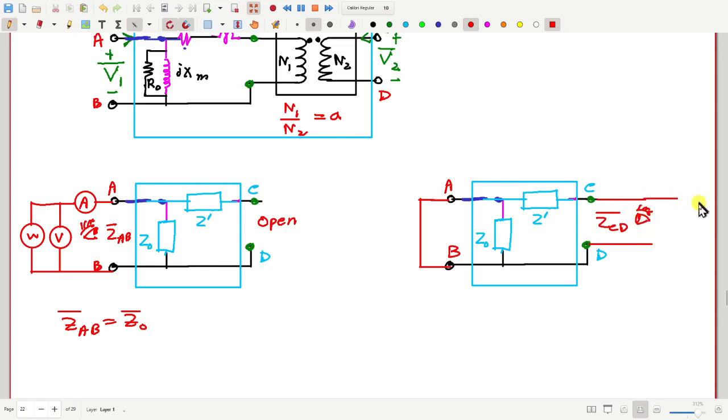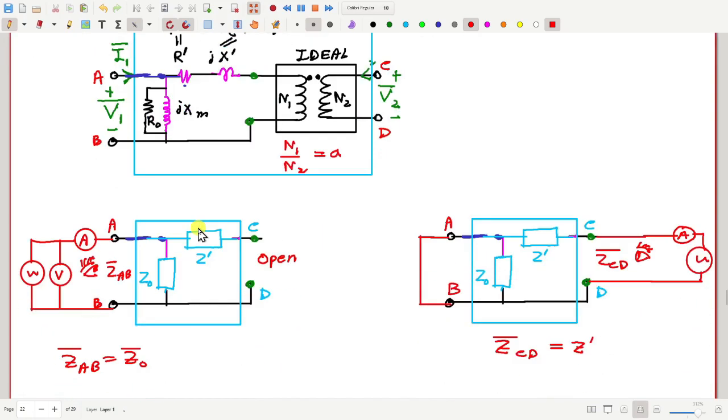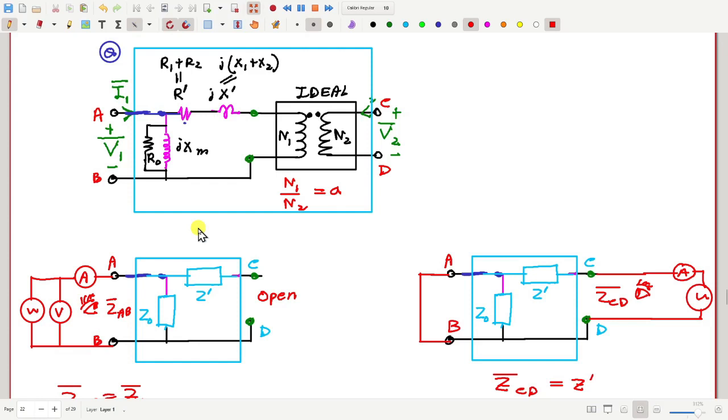For that I will again connect a voltage source and measure the current. So what will be the value of ZCD? It will be Z prime. So this way we can get Z0 and Z prime. That is the basic philosophy, the basic idea.